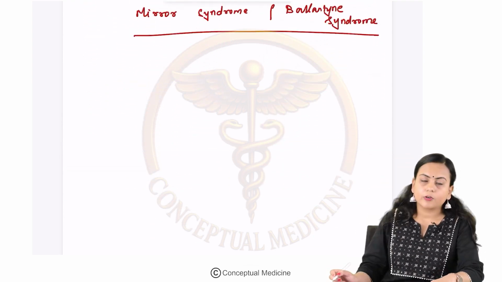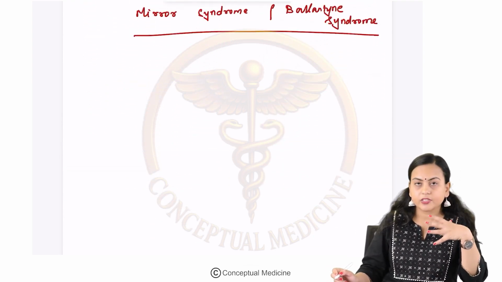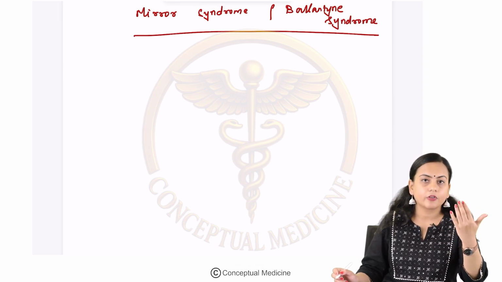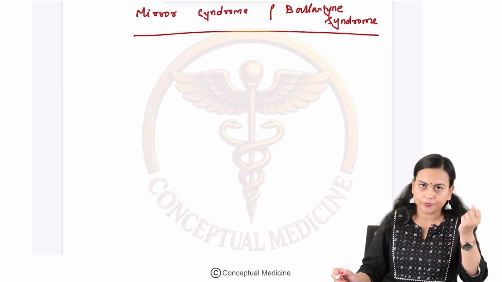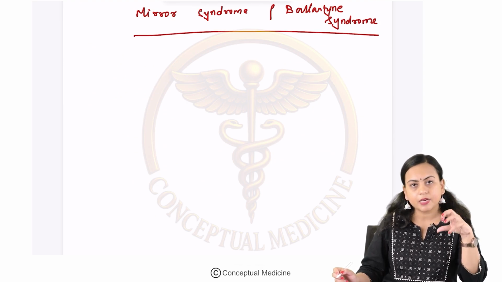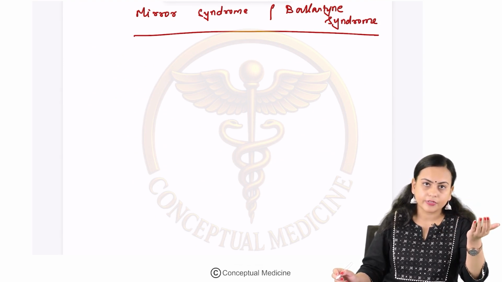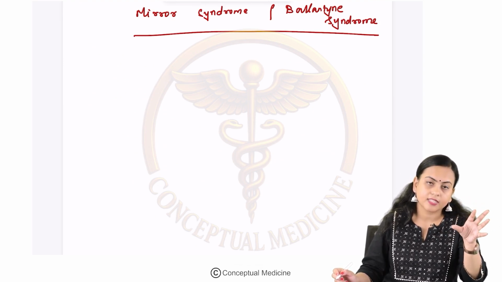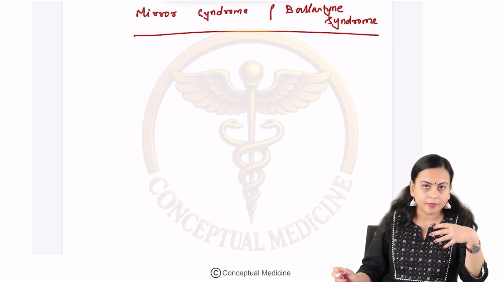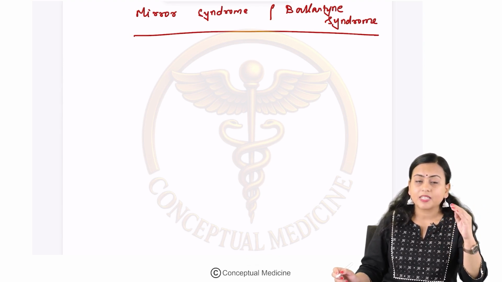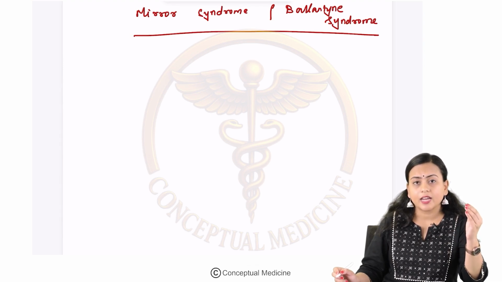Clear? Now, in mirror syndrome or Ballantyne syndrome, the fetus and the mother are going to be a mirror image of each other. So there is edema in the mother as well as edema in the fetus, and the placenta is going to be edematous also.